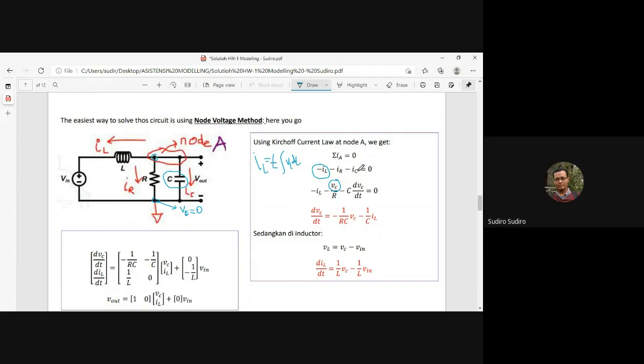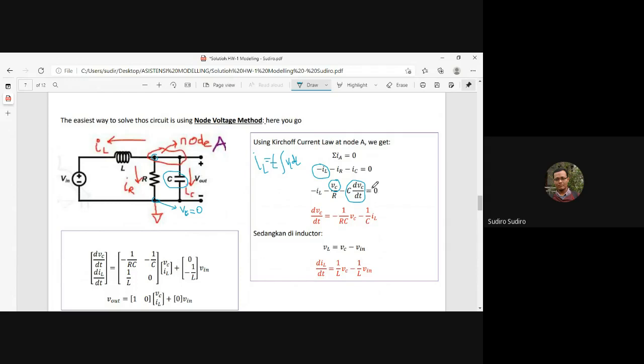Then we continue that the current through the capacitor is equal to C multiplied by the differential of the voltage across this capacitor over time.